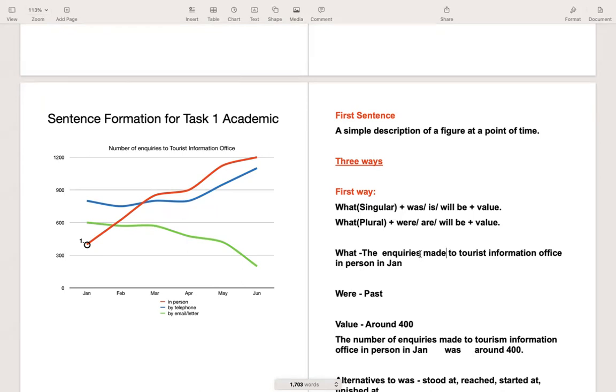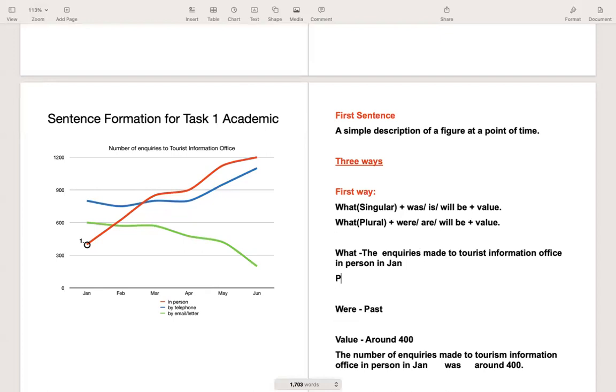If it was the other way around, people make inquiries, then if we started with people, what would it follow? Make or made, depending upon the tense. Are you clear? Because in active, it's followed by a verb, and the verb can be first form also, or second form also.